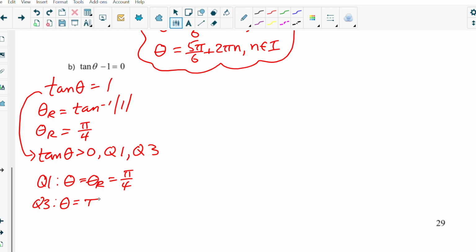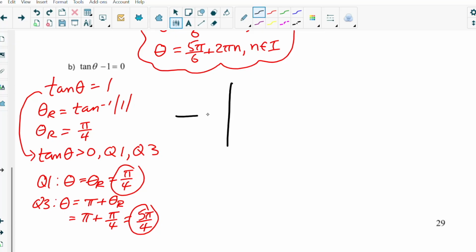In quadrant 3, my angle in standard position equals pi plus the reference angle, so that equals pi plus pi over 4, which is 4 pi over 4 plus pi over 4, that's 5 pi over 4. Okay, here are my two specific solutions within a limited domain.